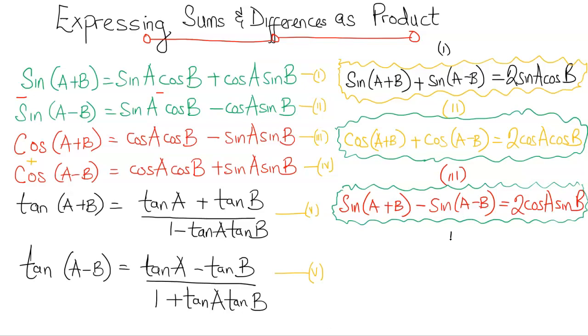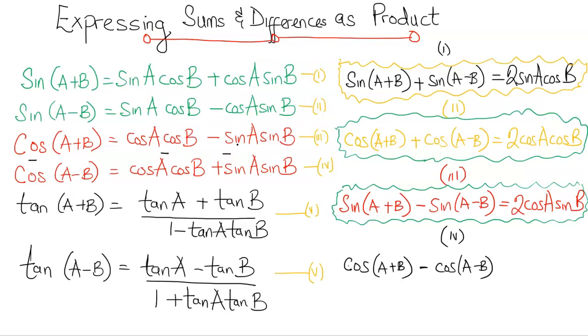For the fourth one, I'm going to do a similar thing, but this time I will be focusing on equations 3 and 4. If I subtract equation 4 from 3, the left side will become cos (A plus B) minus cos (A minus B). On the right side, we've got cos A cos B minus cos A cos B, that's gone.